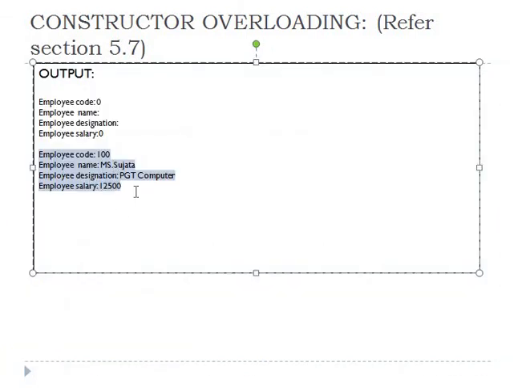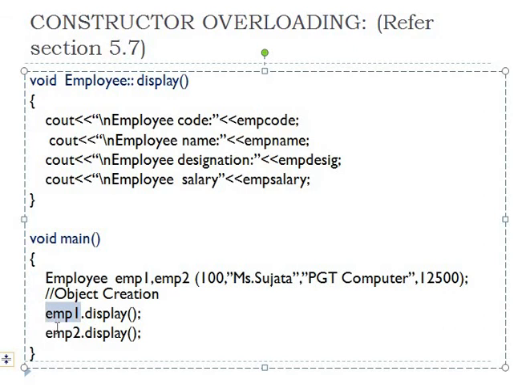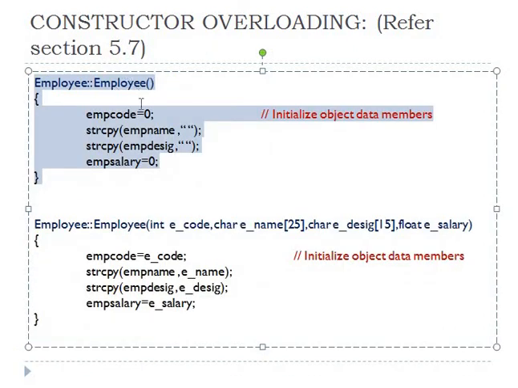Now remember that this portion of the output is specific to the object emp1, for which the default constructor has been called and the data members initialized with these values.